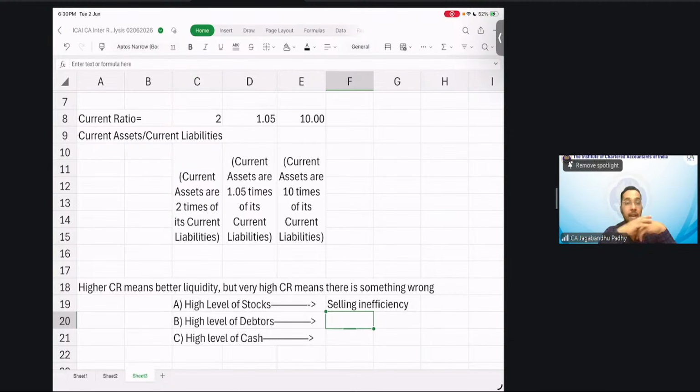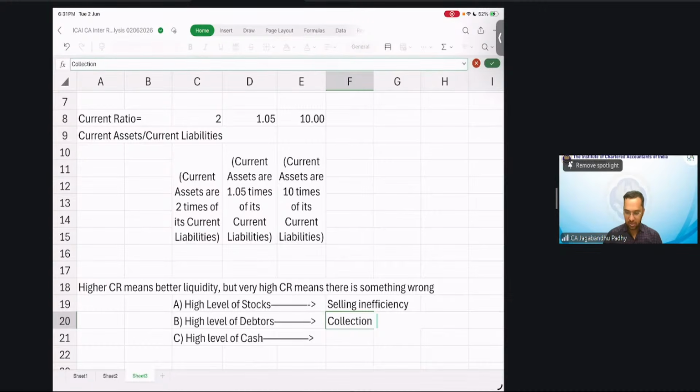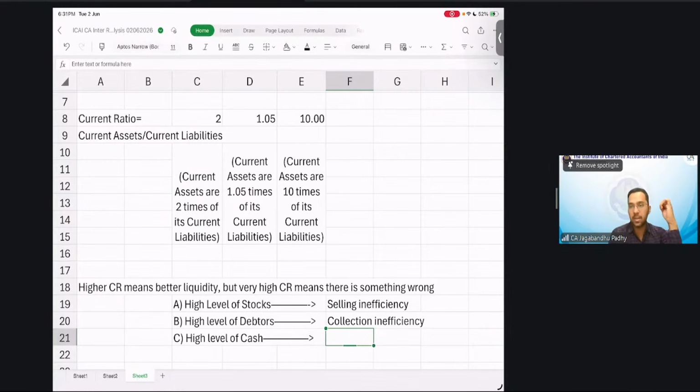Can I say collection inefficiency? So high level of debtors indicates there is a collection inefficiency.